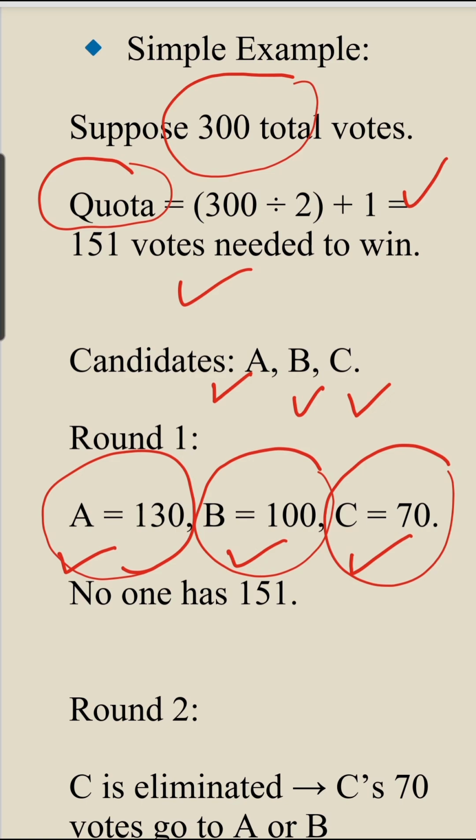So 130 people have A as first preference, 100 people have B as first preference, and only 70 people say that C should become president.